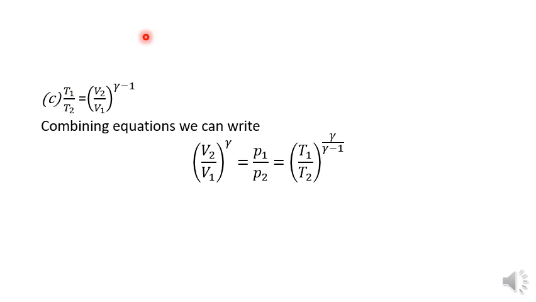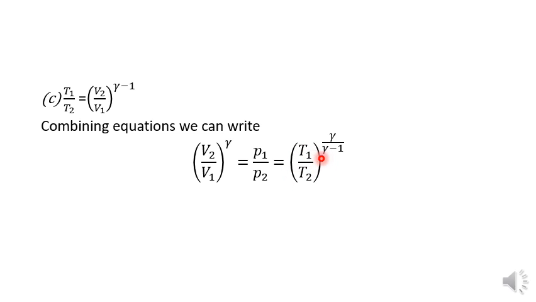If you bring this power to the other side, then the equation becomes (T1 by T2) whole power 1 by (gamma minus 1). So, by combining these equations, we can write the three equations like (V2 by V1) whole power gamma is equal to P1 by P2, and (T1 by T2) whole power gamma by (gamma minus 1).